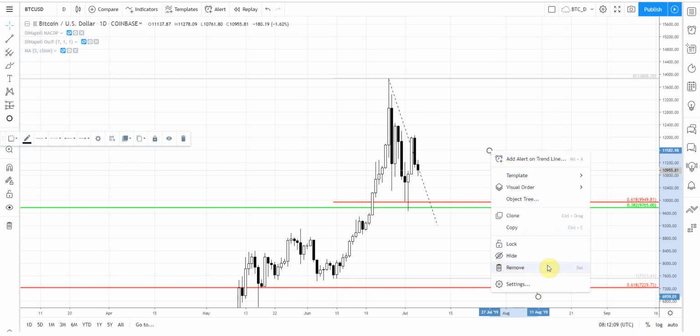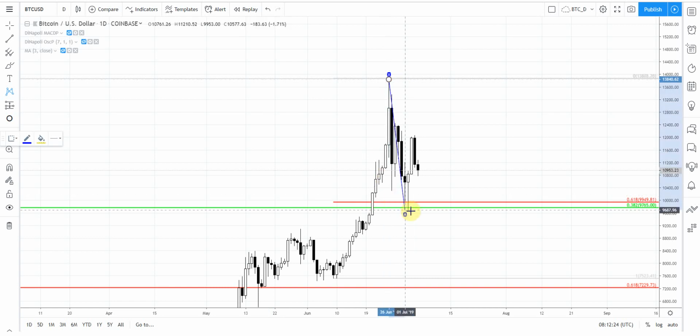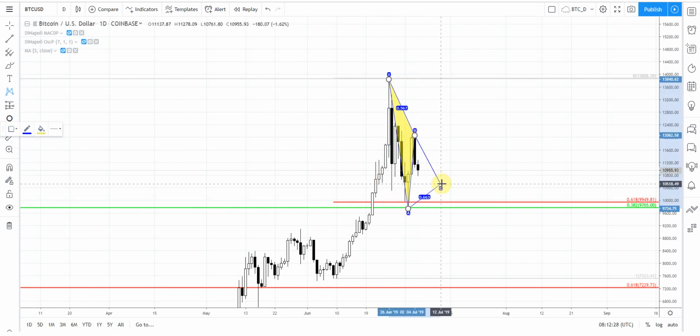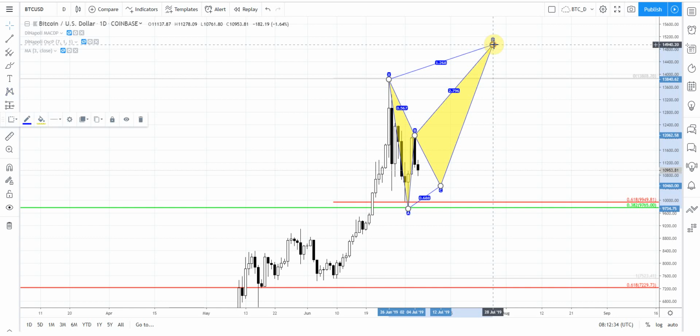But the second scenario suggests appearing of a more extended pattern, and as a rule, if this happens, market forms the butterfly. So in this case, it will be something like that. Market will form here a B-leg, here is the retracement. This will be somewhere a pullback here, and then action to the 127 extension, which completes approximately 1494.